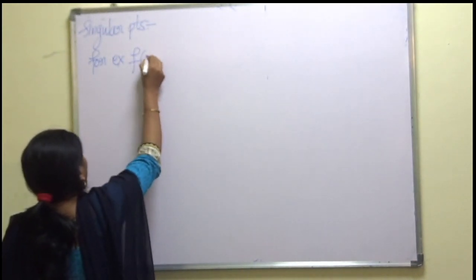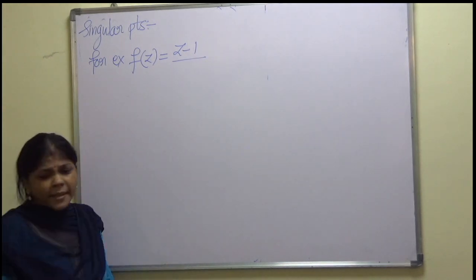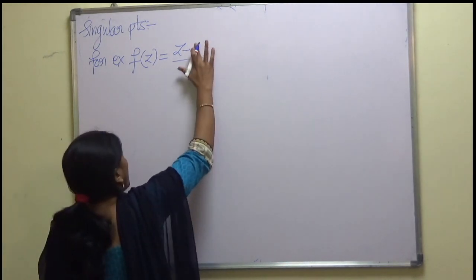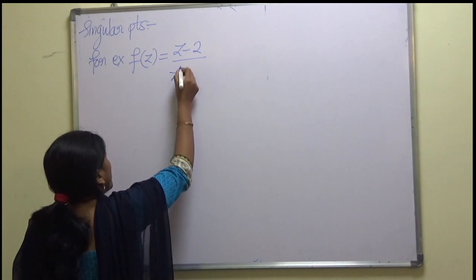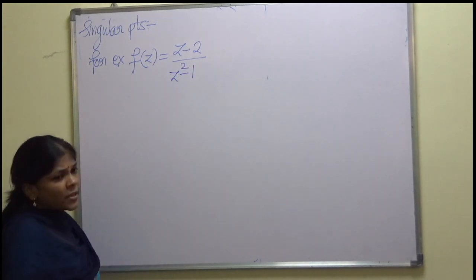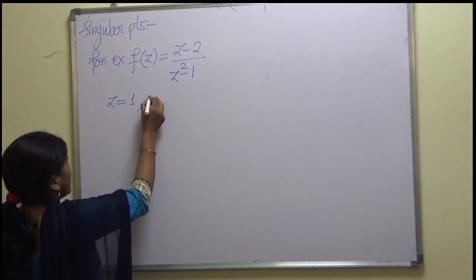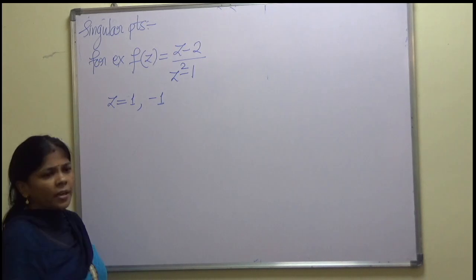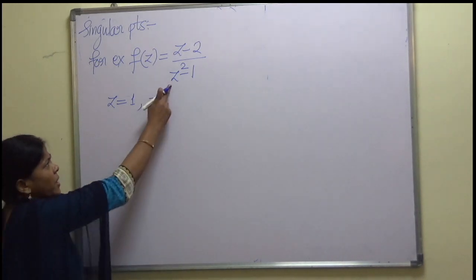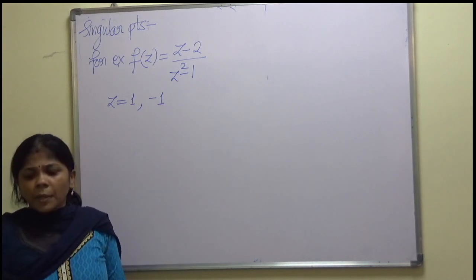if I take the same example, f of z equals z minus 2 upon z square minus 1, then this function does not exist when z is either 1 or minus 1. If z is 1, this becomes infinity, and if z is minus 1, then also this function becomes infinity.